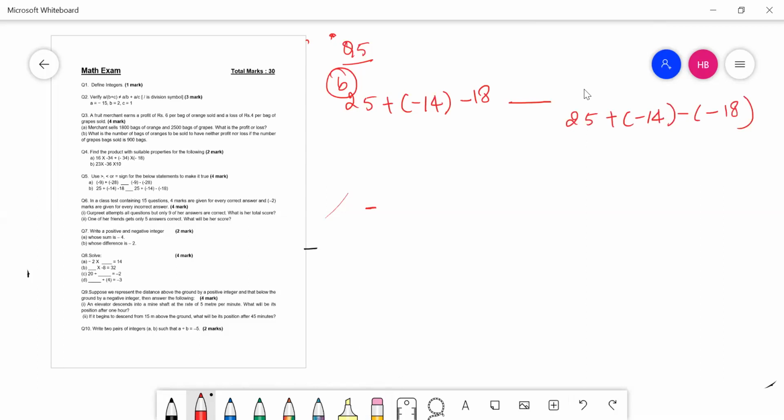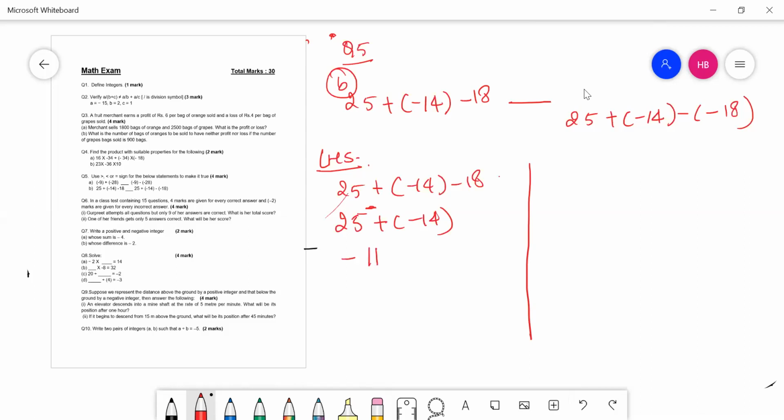So let's solve the LHS first. 25 plus minus 14, minus 18. Let's solve 25 plus minus 14 first. I'm adding two numbers. Signs are different, so I'm going to subtract 14 from 25, which gives 11. I get plus 11 because 25 is the greater number.